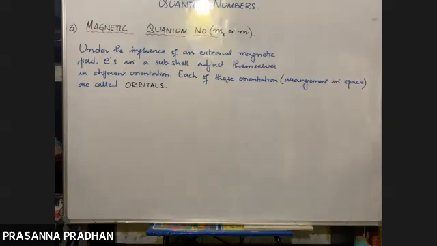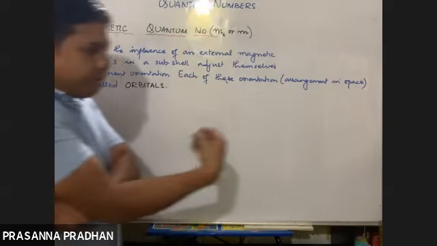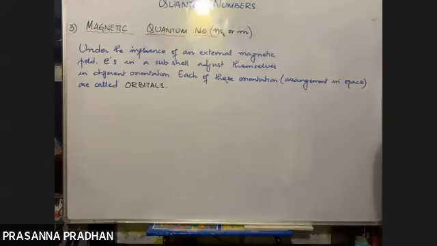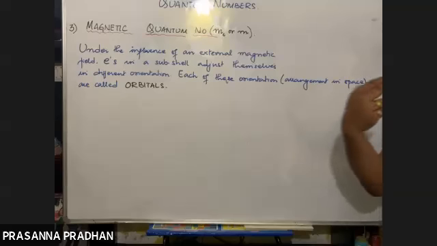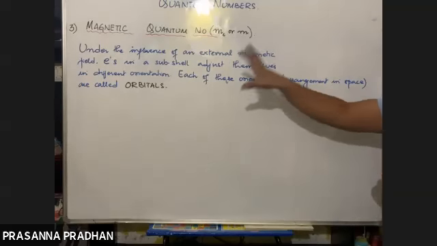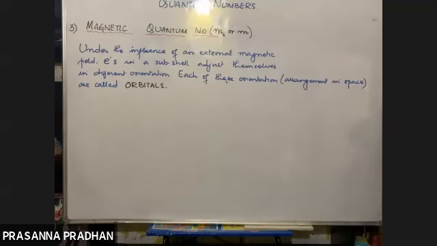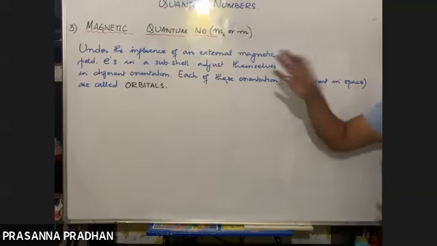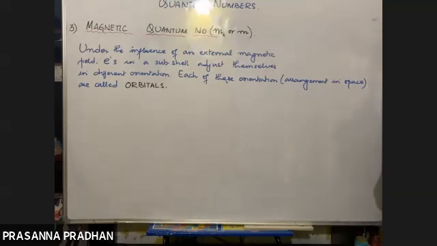So what information does this magnetic quantum number give? It gives us information about how these subshells orient themselves in space in the presence of an external magnetic field, that is, in how many ways these subshells can be oriented.